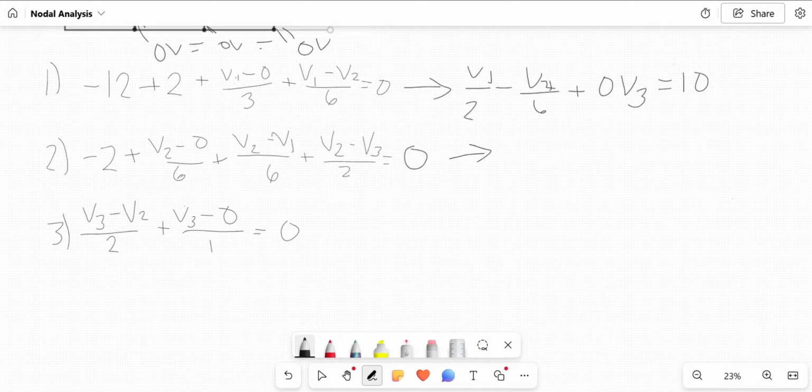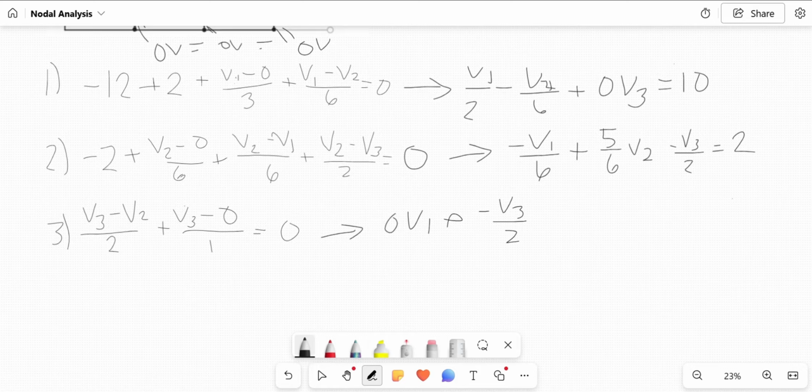For the second equation, we will get negative V1 over 6 plus V2 over 6 plus V2 over 3 plus V2 over 6, which equals 5 over 6 V2, and then minus V3 over 2 equals 2. And for the third equation, we get 0 V1 plus negative V2 over 2, and then plus V3 over 2 plus V3 over 1, which equals 3 over 2 V3, equals 0.